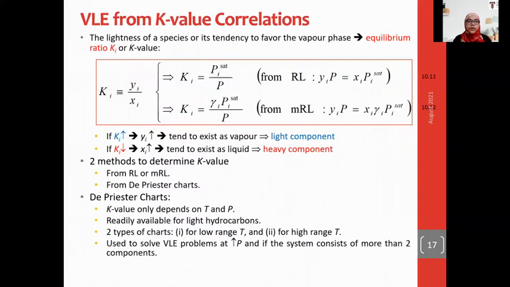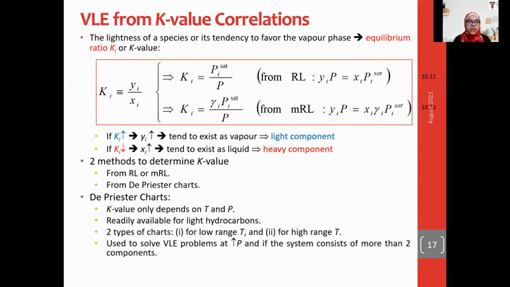Okay, next, how to solve the VLE problem using the K value. The lightness of a species, or its tendency to favor the vapor phase, is known as the equilibrium ratio K_i, or we call it the K value.